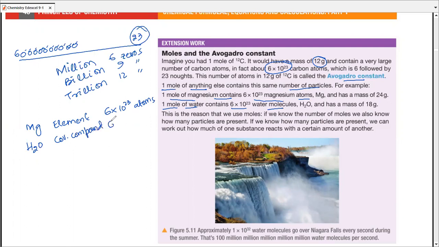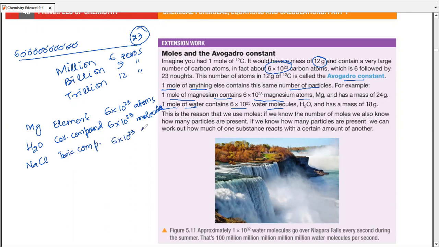So it would consist of this many, not atoms, molecules, because covalent compounds are converted into smaller molecules. Now, if I use this, this is an ionic compound, this is not a covalent compound. So the word really changes.